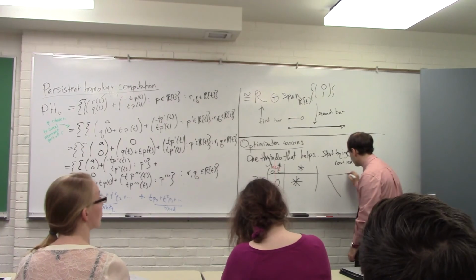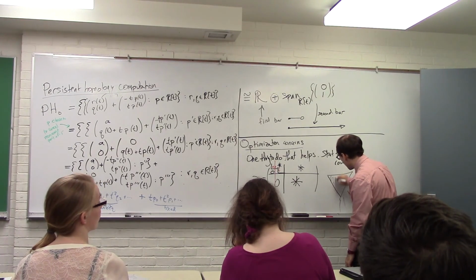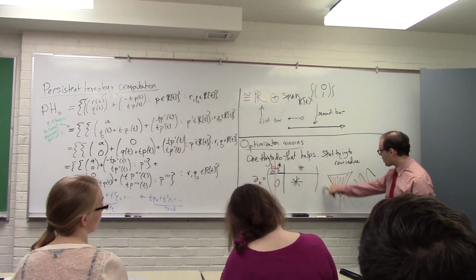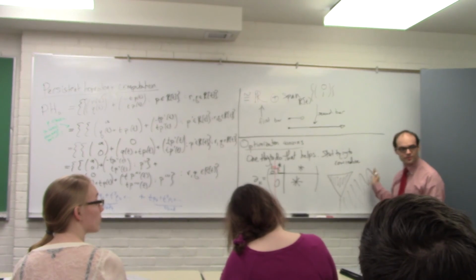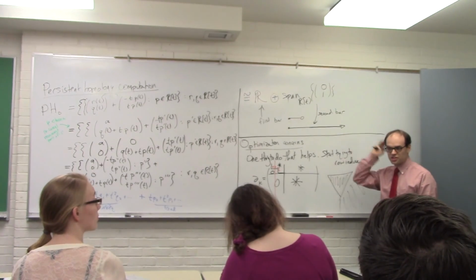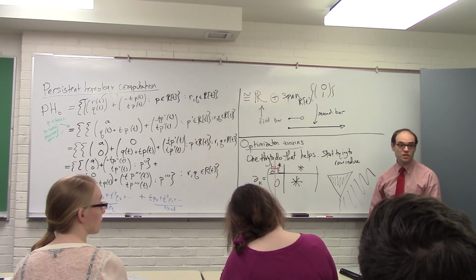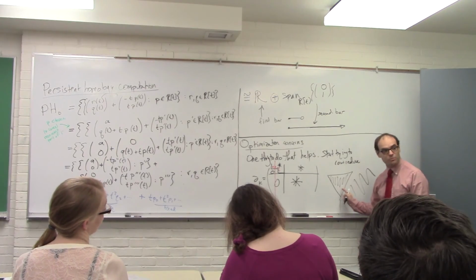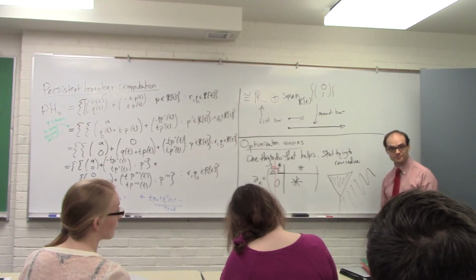Just draw a picture. My complex is off here, and I have a filled-in part here. This filled-in part, it's a little flare. It sticks out the side of the rest of my complex. It's a little ear that sticks out of the complex. You just get rid of those outright. They don't change the topology at all. Because in fact, you can build a chain homotopy that collapses them.